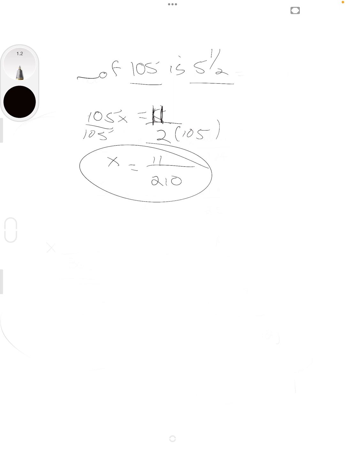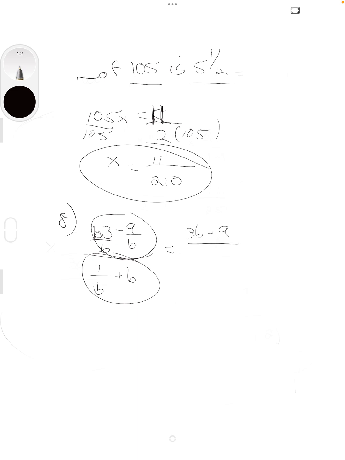That's what fraction is. Number 8, very similar to the practice problems: 3 minus a over b, over 1 over b plus b. Okay, get a common denominator, it's this divided by that. So this one is going to be multiply top and bottom times b, and I get 3b minus a over b.